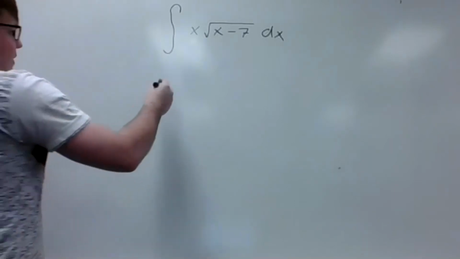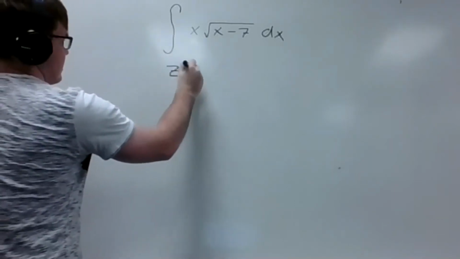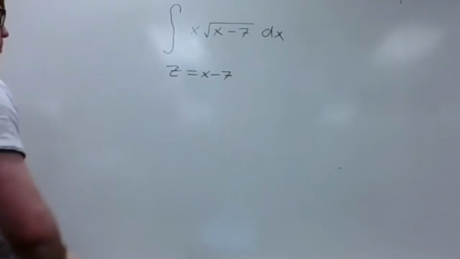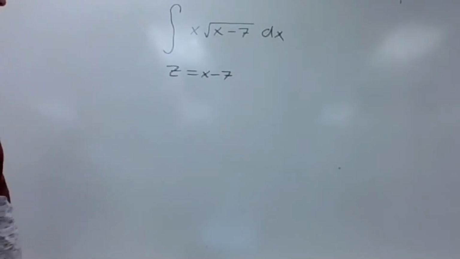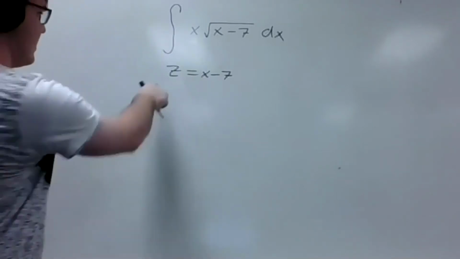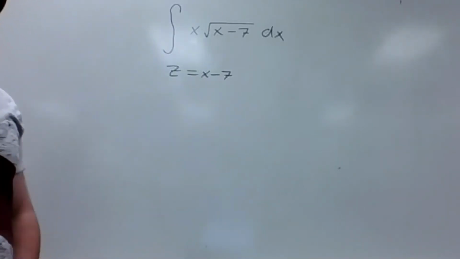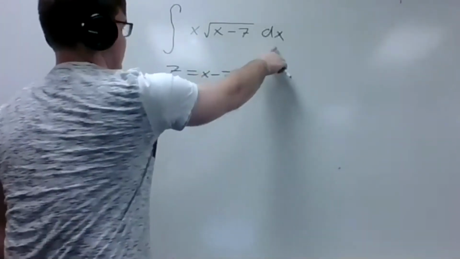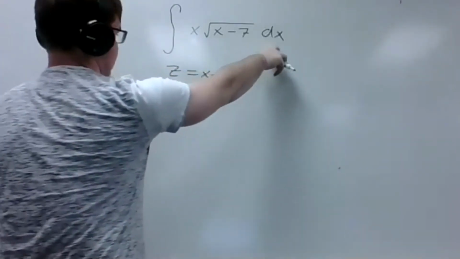So like before, we're going to say that z is equal to x minus 7. But instead of finding dz right away, because dz is equal to dx, when the time comes we can just change this from dx to dz.